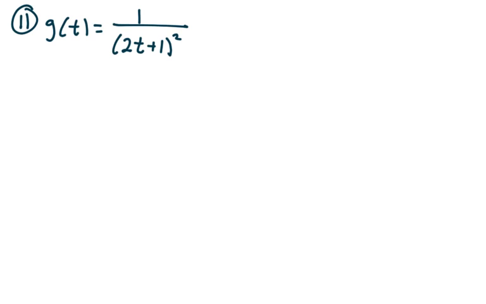Let's take a look at number 11. Suppose g of t equals 1 over 2t plus 1 to the second. But I'm going to write this as 2t plus 1 raised to the negative 2 power. Now, again, my inside function is what appears in parentheses.